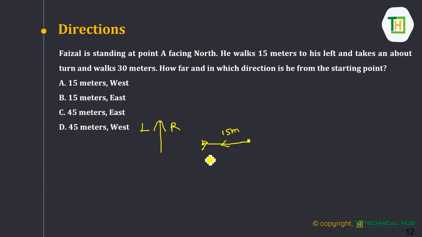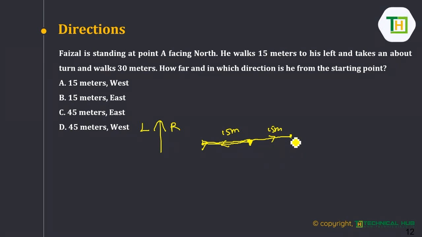And walks 30 meters. Walks 30 meters means in the east direction, this is 15 meters and this is also 15 meters. Okay, so this is the starting point. How far and in which direction is E from the starting point?